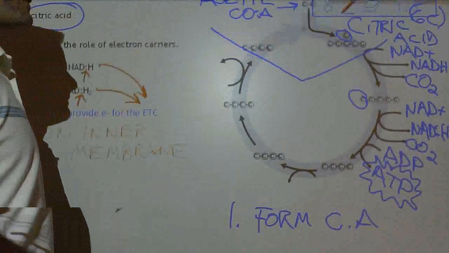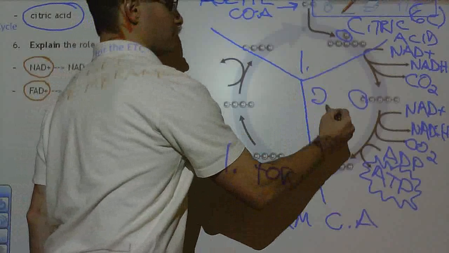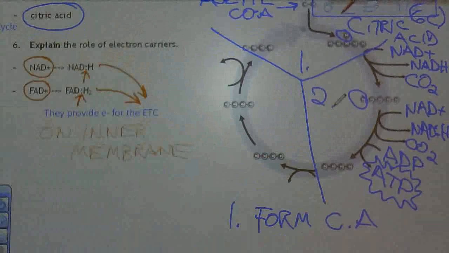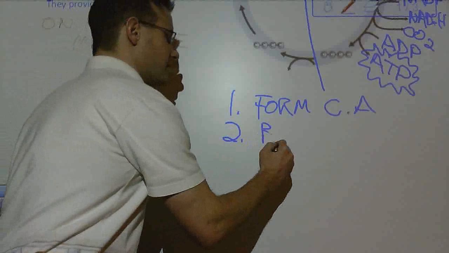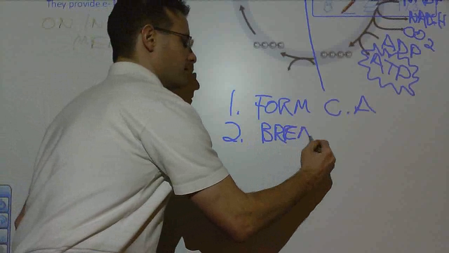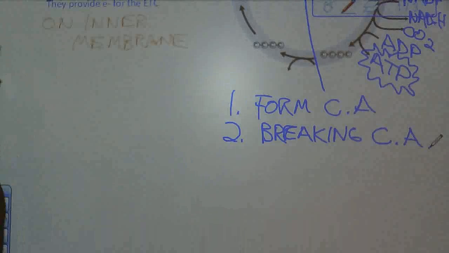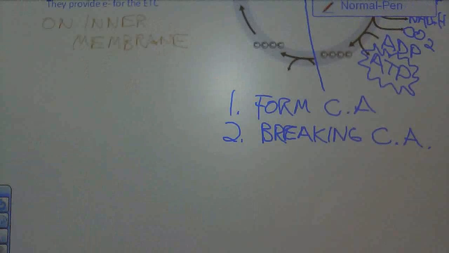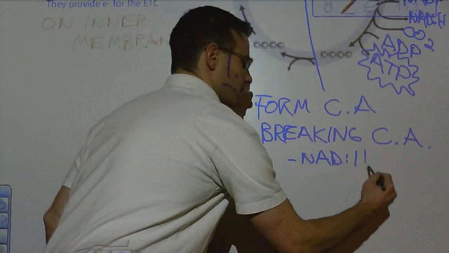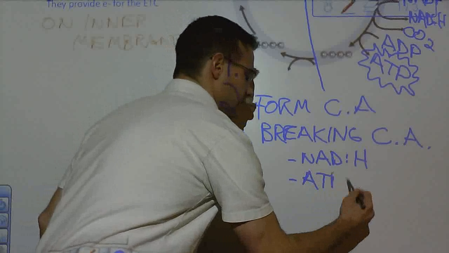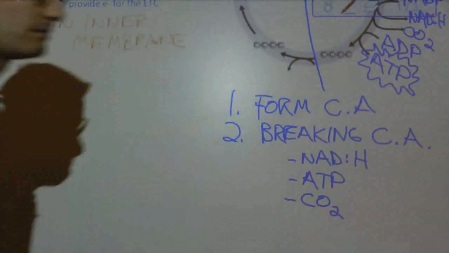And so we're going to call this next phase down here, let's label these 1 and 2. Step 2 we're going to call the breaking or the using, maybe would be a better way, breaking citric acid a couple times to get electron carriers, ATP, and least importantly, CO2, a waste product.